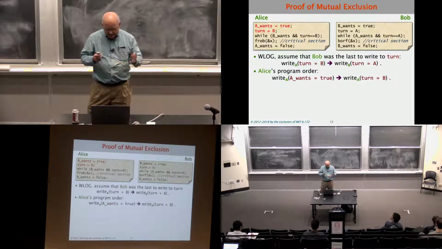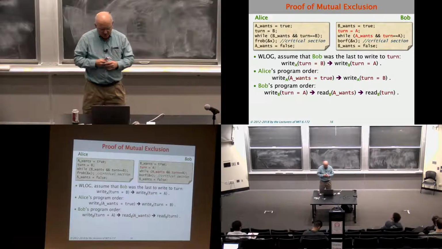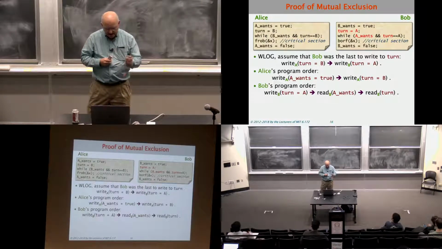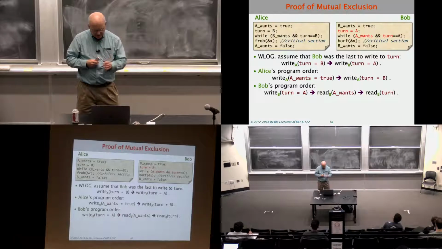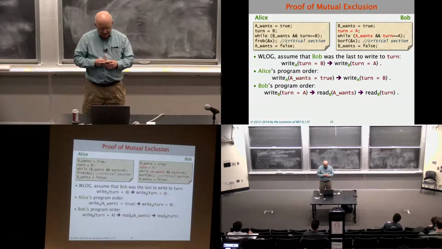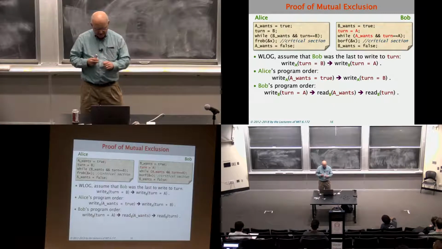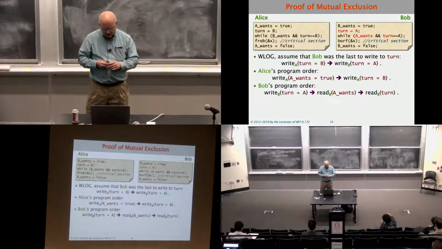So we have that, and similarly, we have Bob's program order. Bob's program order says, well, I wrote turn to A, and then Bob read A wants once, and then he reads turn.